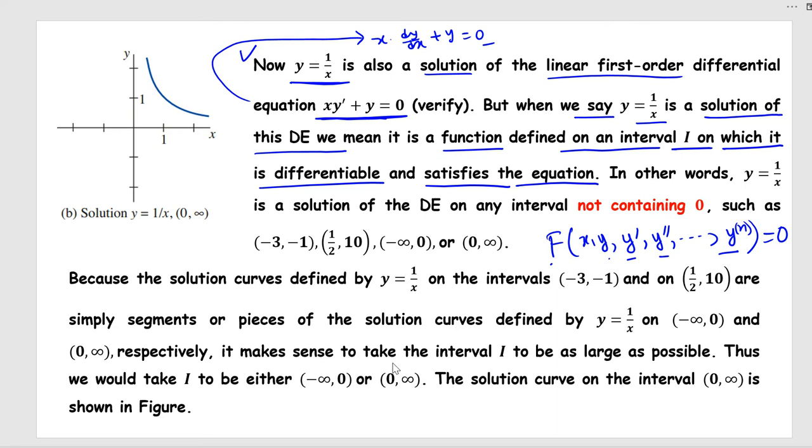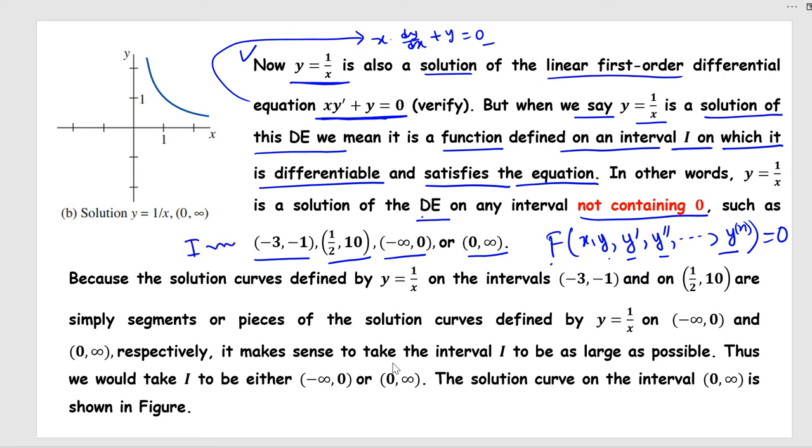For example, if you think about the solution, the intervals that you take do not contain 0, such as minus 3 comma minus 1, half comma 10, minus infinity comma 0, open interval, and 0 comma infinity. So all these are sub intervals.